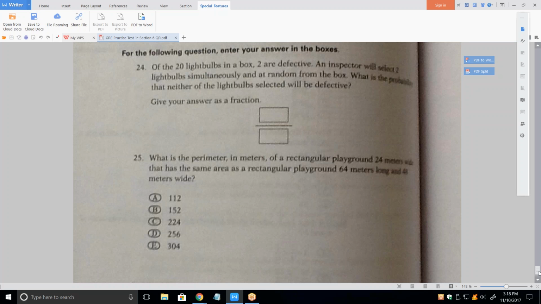Is that any difference than him grabbing a bulb with his left hand, setting it aside, and then going into the remaining 19 bulbs and grabbing a bulb with his right hand? Well, no, I don't think it's any different. No, it's not, because it's still exactly the same. He didn't put it back in the box.